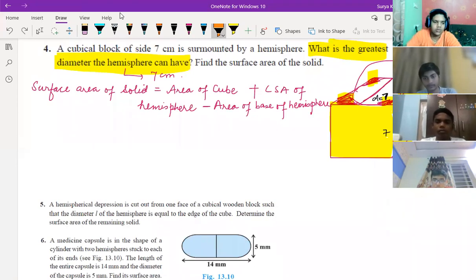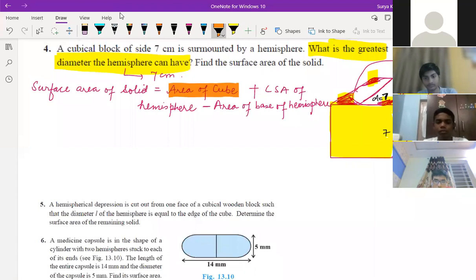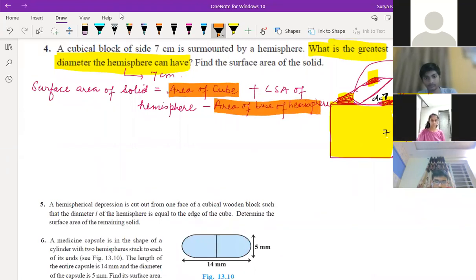That's why we have subtracted area of cube minus area of base of hemisphere. This is clear to everyone? Then apart from it, we are adding CSA of hemisphere. That is this part of the hemisphere. Rasul, it's clear, Rasul?